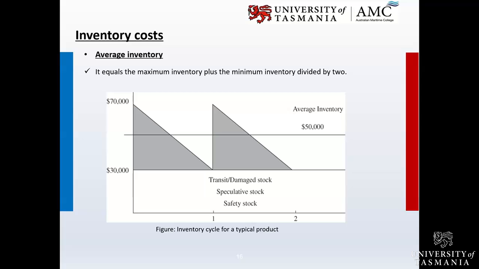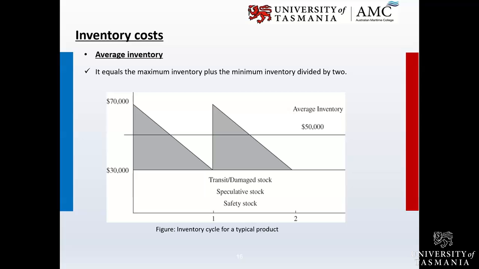Next, we need to understand the average inventory. Average inventory is the mean value of the maximum inventory and the minimum inventory. So it equals the maximum plus the minimum, and then divided by 2.